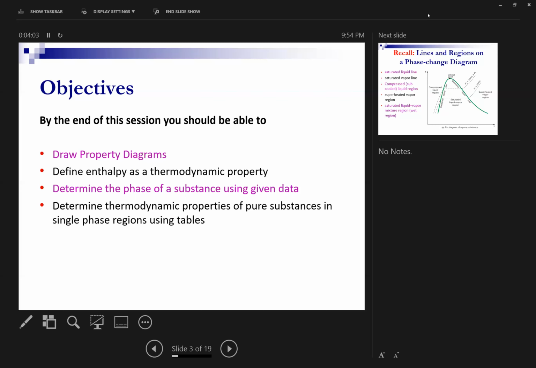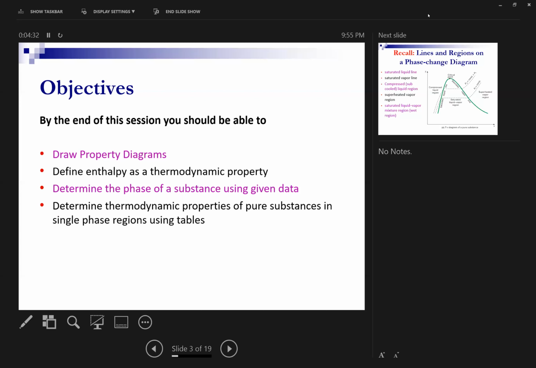It is a property just like temperature, pressure, internal energy, and so on and so forth. And that is the reason why we can tabulate it, right? You also, by the end of today, will be able to determine the phase of a substance using the given data in the problem, right? In the problem, usually you are given, for instance, the temperature and let's say pressure.